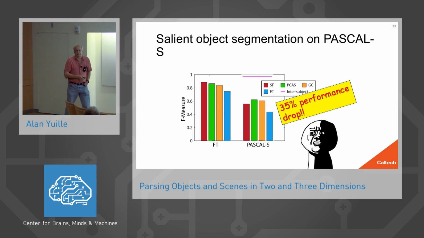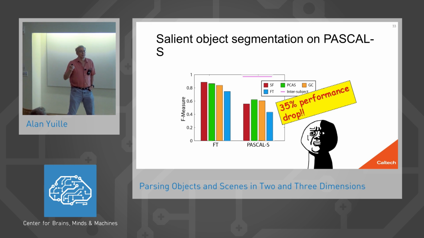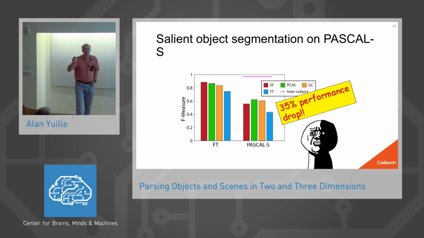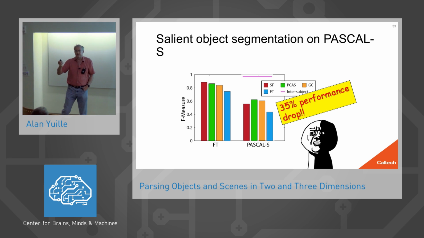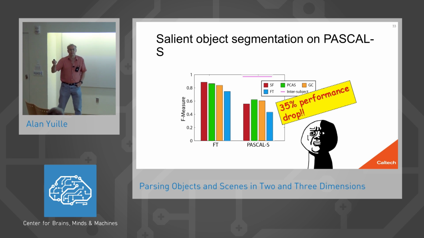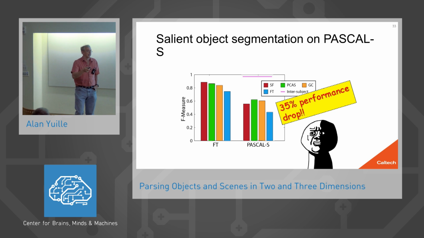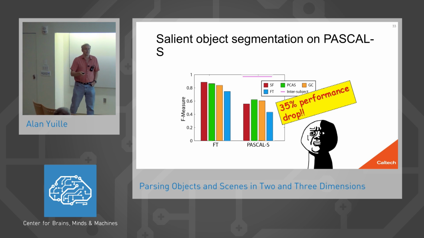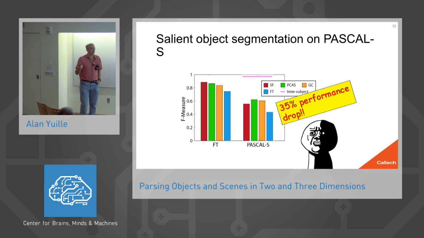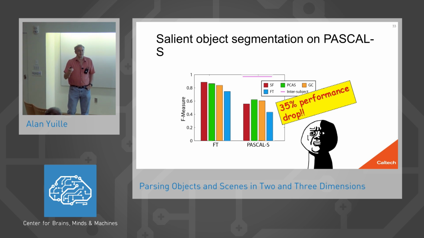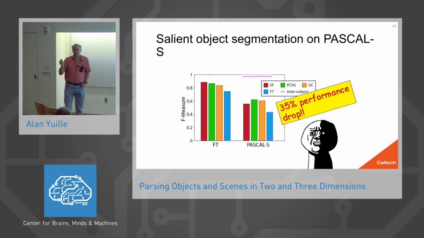This is the sort of thing that in computer vision one's grown accustomed to: you have certain types of data sets, you train on them, you work on them, and then you find that you've overtrained or overlearnt on them, and you need to move on to something else. The Caltech 101 dataset was used for a long time, and then the computer vision community all moved on to Pascal because people were finding it was too easy to get things done on Caltech, and Pascal was enough of a challenge.